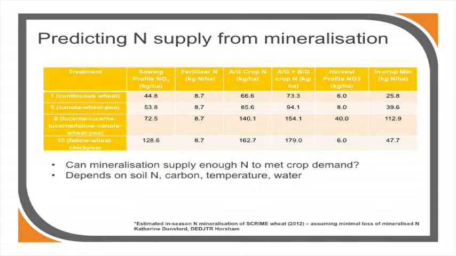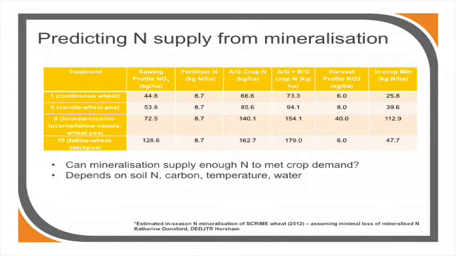For example, if we look at continuous wheat, and we skip right over to this side of the table just to speed things up, that continuous wheat rotation in 2012 had a mineralisation of about 26 kgs of nitrogen per hectare.